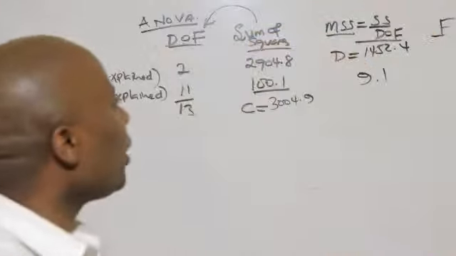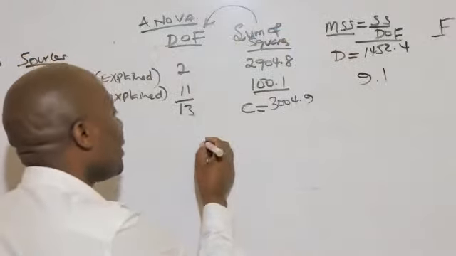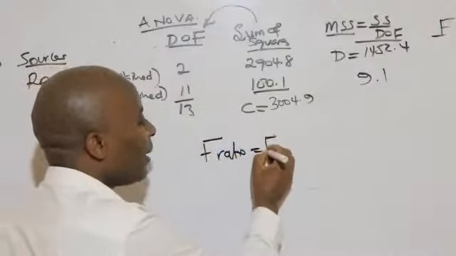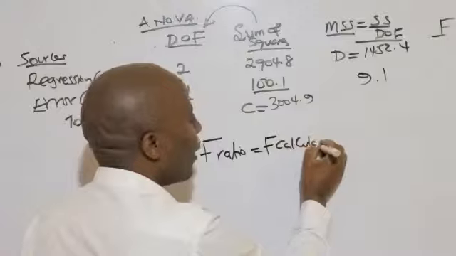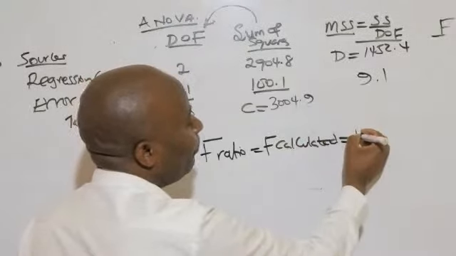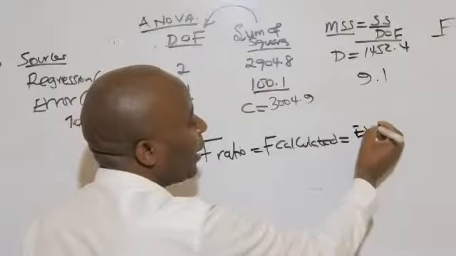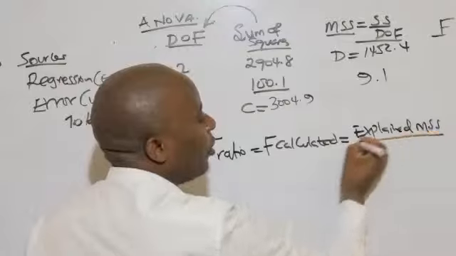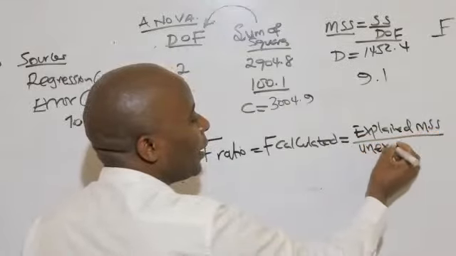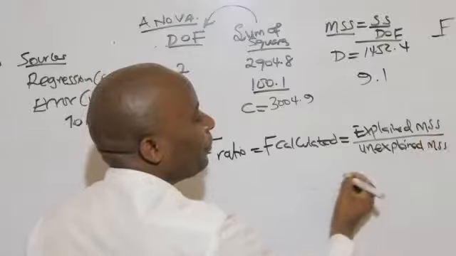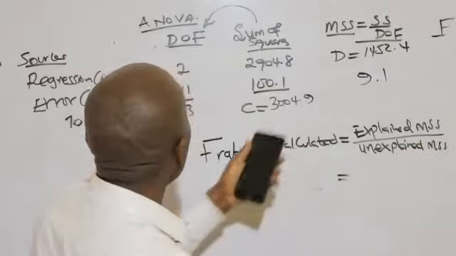So if you can recall, ladies and gentlemen, to get this F ratio, which is the same as F calculated, we normally take the explained MSS over the unexplained MSS.